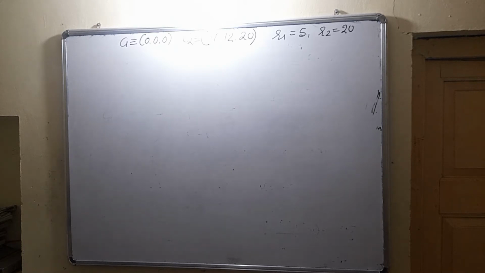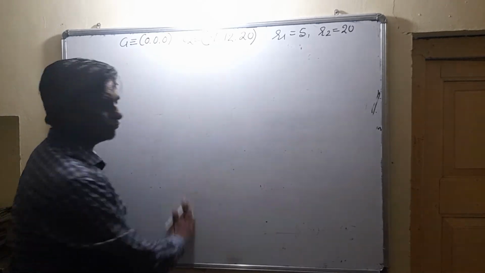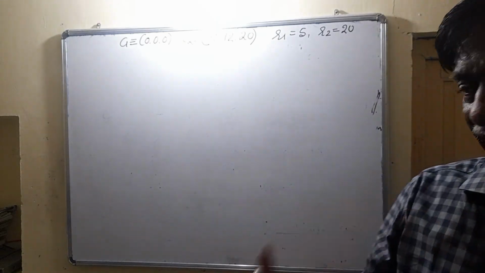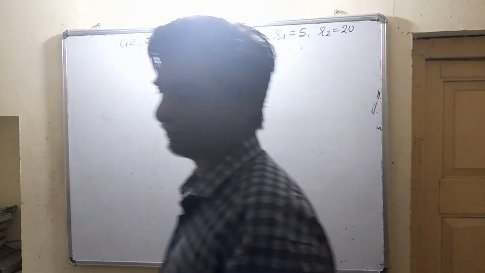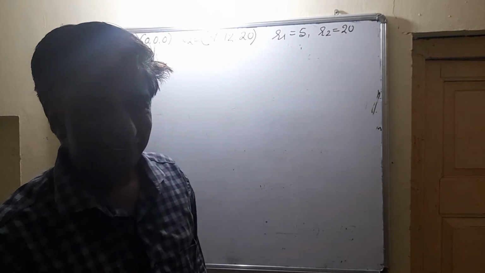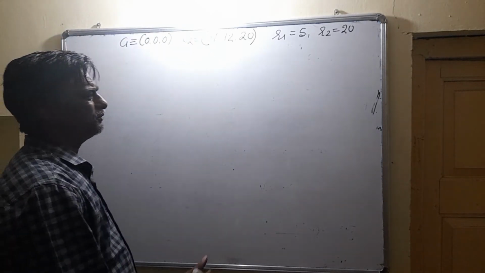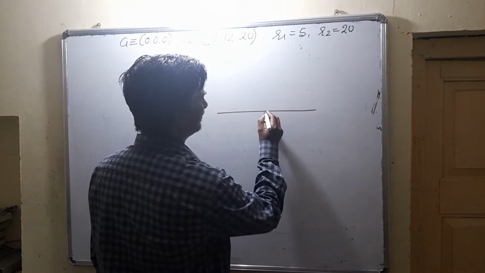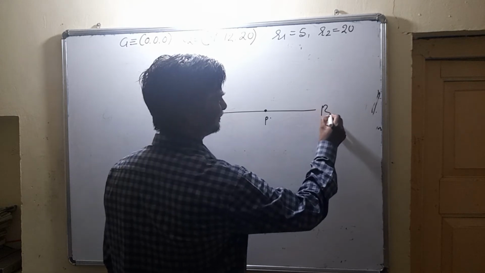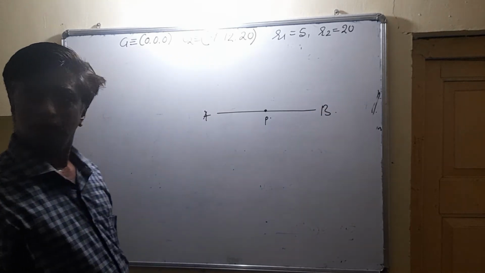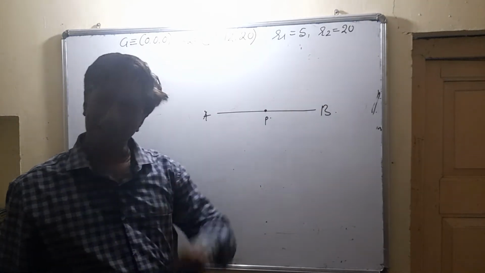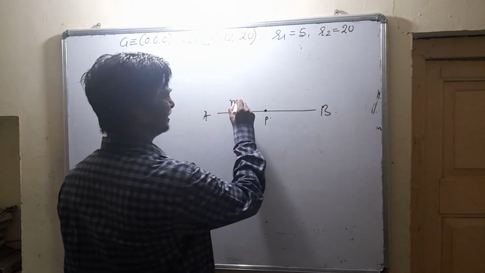Okay. You have already studied one important point: how to find the point of contact, using which method? In your PU, this is your A, this is your B. This point of contact divides AB in the ratio m:n.